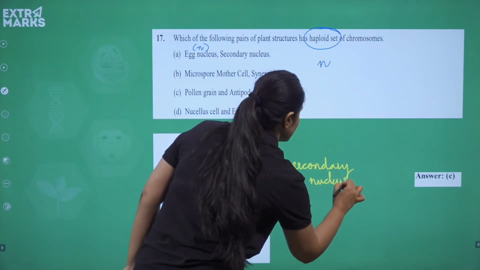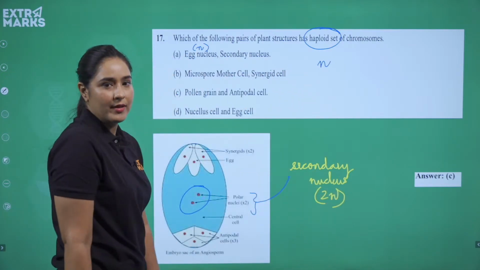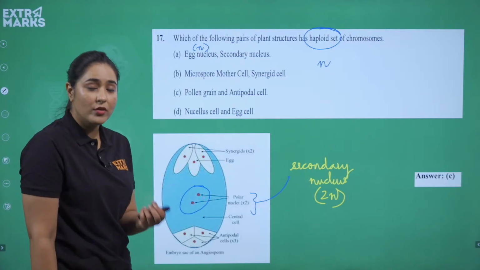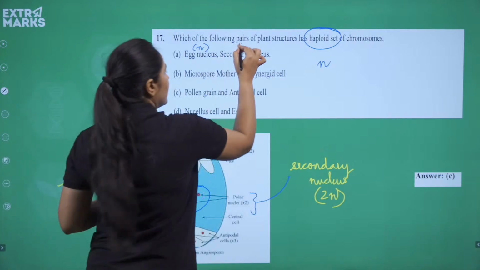So obviously it will be having 2n kind of ploidy here. So we are having the secondary nucleus, it is having 2n.